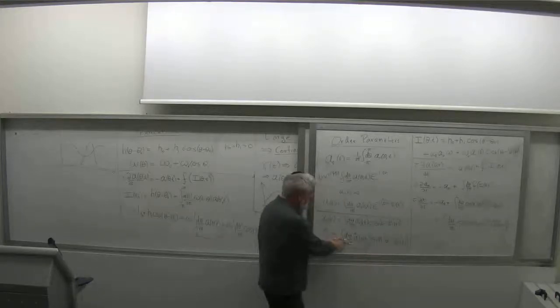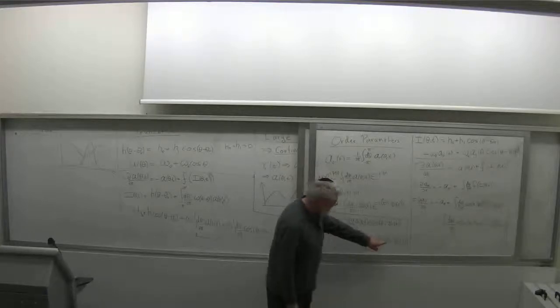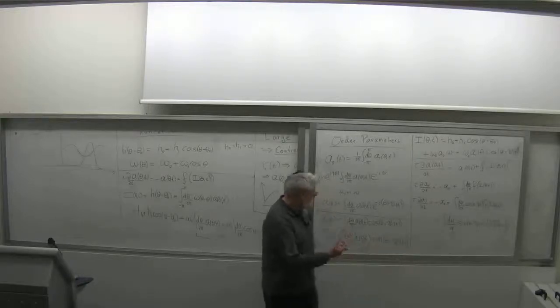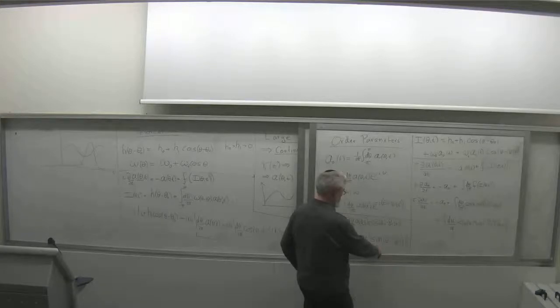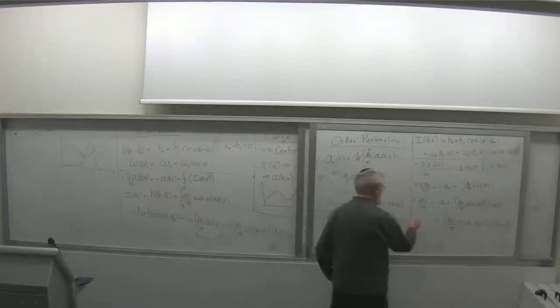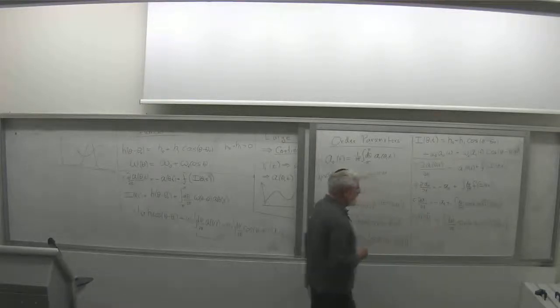The full derivative must be 0 because this quantity is 0. But then I have minus the derivative of this, which is minus minus, so it will be plus. So it will be cosine times psi dot. So this will be A1(t) times psi dot. Very good. Omri, very good.